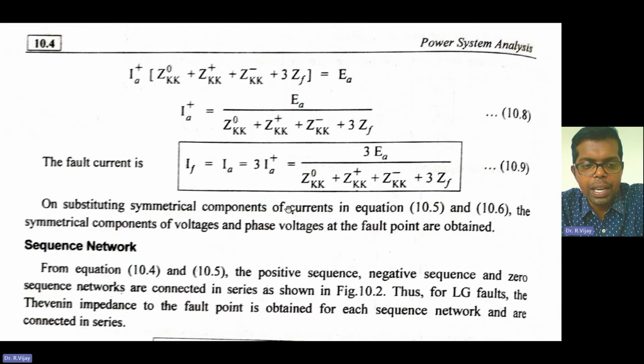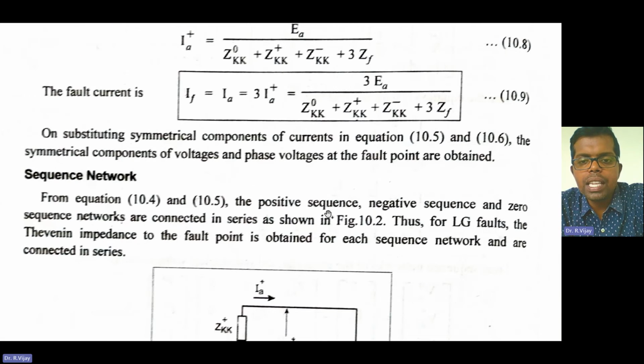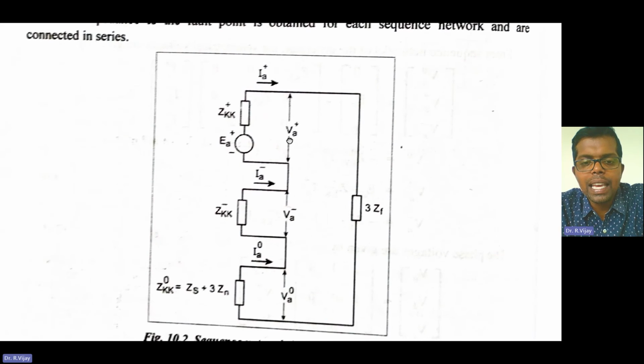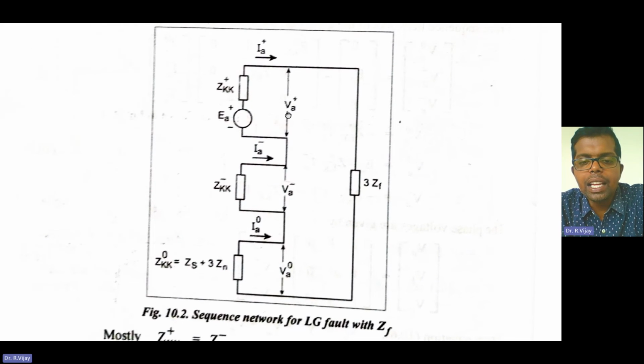From these equations, the positive sequence, negative sequence and zero sequence networks are connected in series as shown in the figure. So we are converting those equations into the sequence network format, the same thing for line to ground fault with impedance ZF.